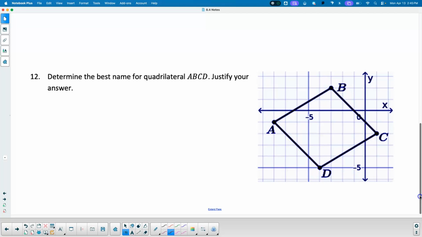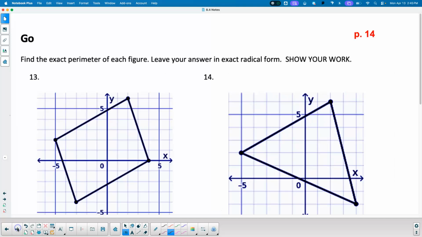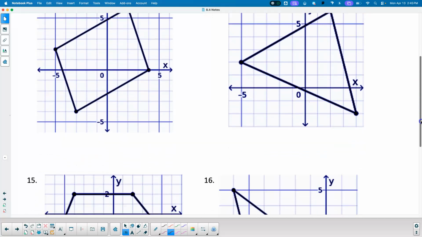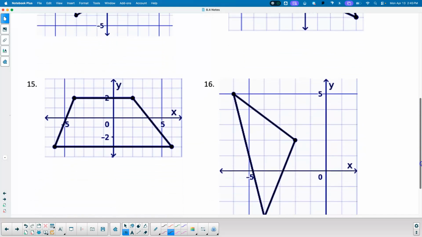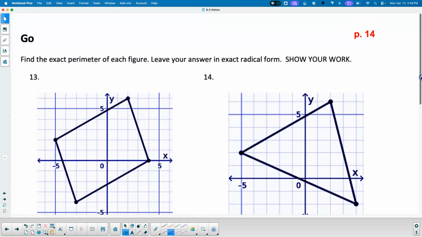Determine what the best name for it is. Tell me what it is. And then on the last page of your homework, that's all finding perimeters again. So you're finding the perimeter of each one in exact radical form. Have at it.